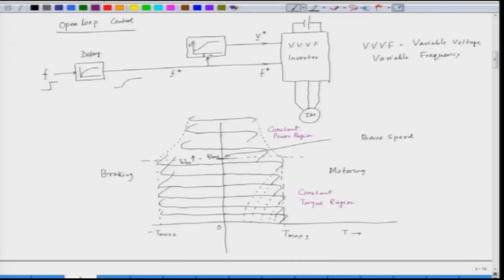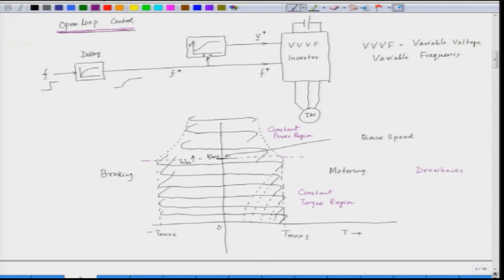Now, this is an open loop control, because there is no closed loop feedback here, and also we do not have any control over motor current. So, what are the drawbacks here? The drawbacks are the following.